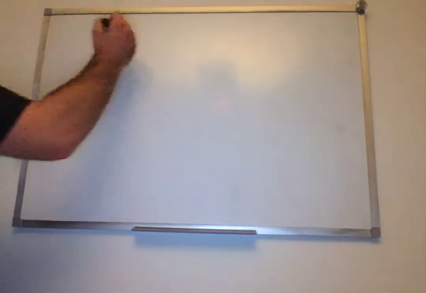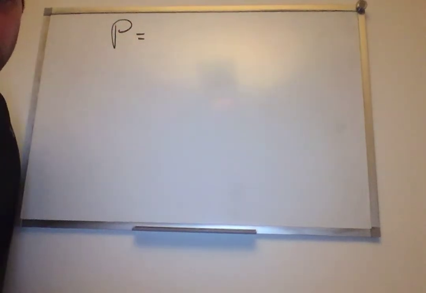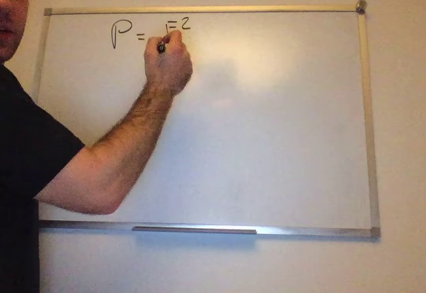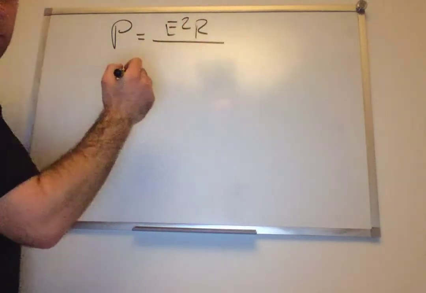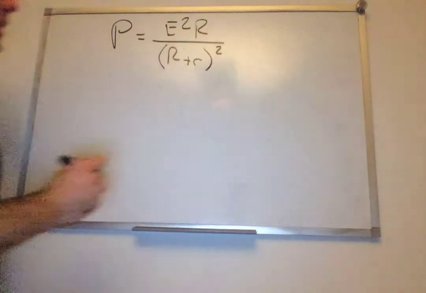It says if a resistor R ohms is connected across a battery of E volts with internal resistance little r ohms, then the power in watts in the external resistor is, so the power is equal to E squared R divided by big R plus little r, all of it being squared.